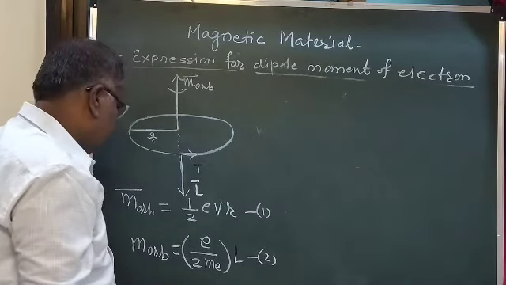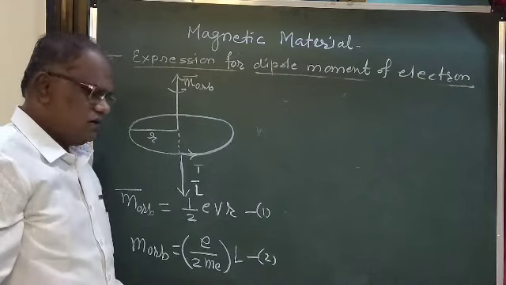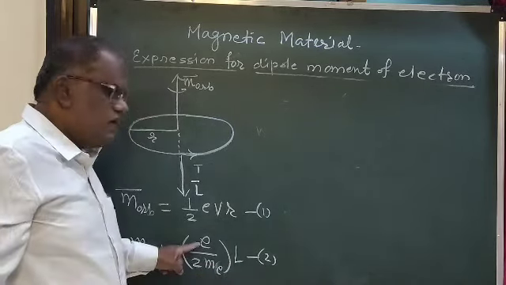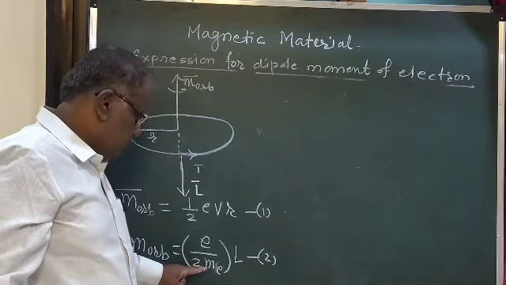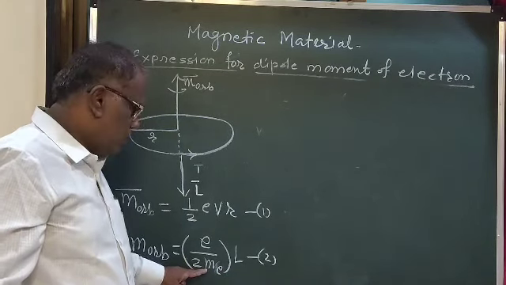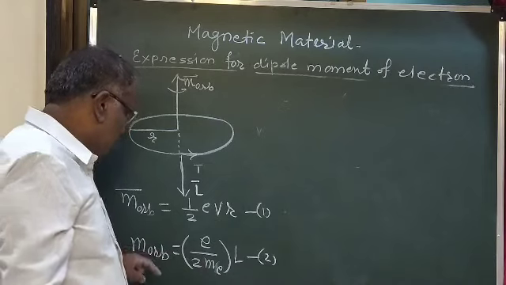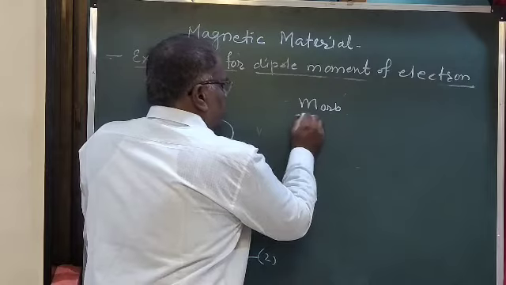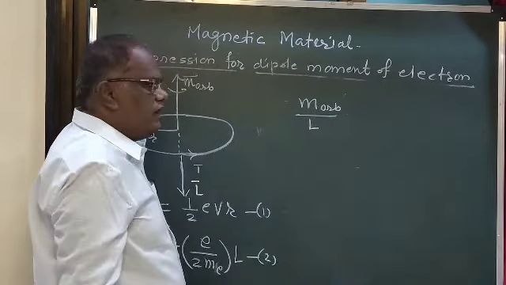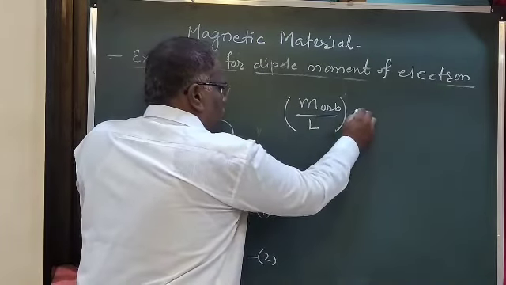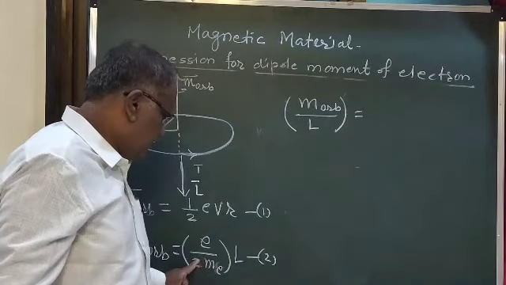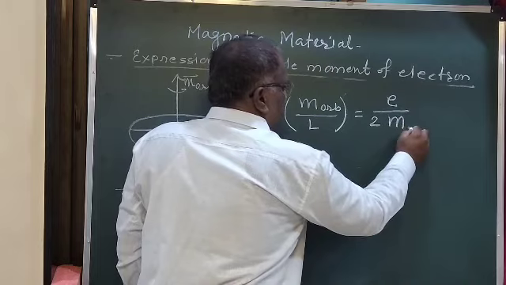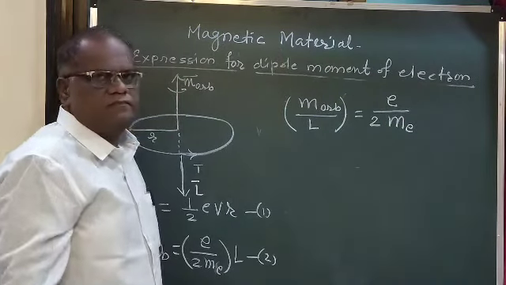Now from this equation, you will observe that e is the charge on the electron, m is the mass of the electron. Hence, if we take the ratio of these two quantities, m, that is the dipole moment, and the angular momentum of the electron, the value comes out to be, from this equation, e upon 2 m, where e is a suffix.